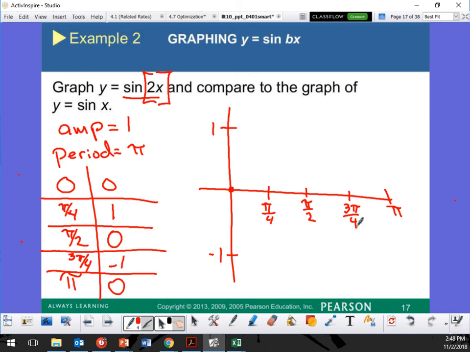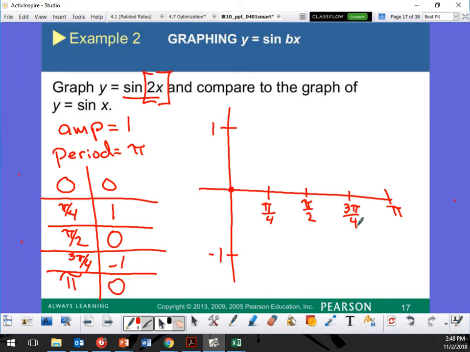So I have nice, neat increments here, breaking up into 4 parts. The reason I do this is because a wave has a pattern. If you know the start and the finish, you break it up into 4 parts, and all these are going to give you good spots on the graph.